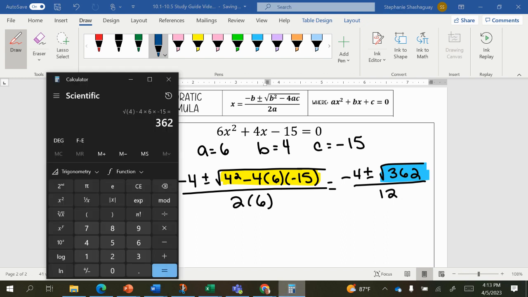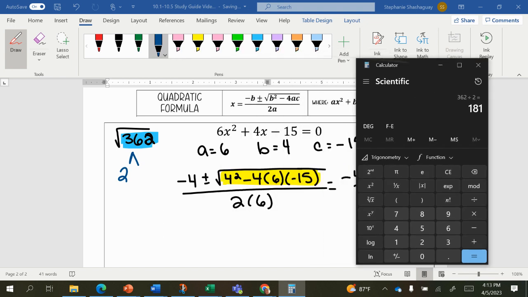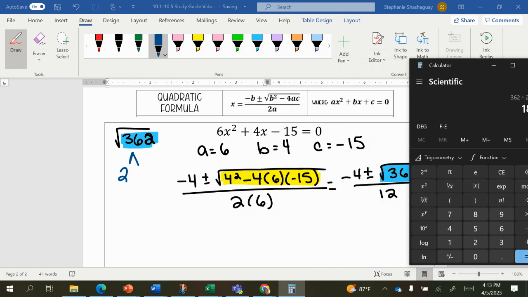Well, 362 divided by 2 is 181. I'm going to do this in my calculator in my desk because I feel like it's not 362.